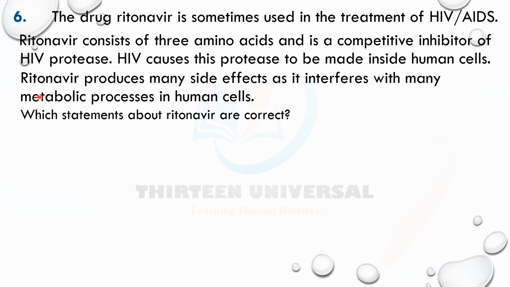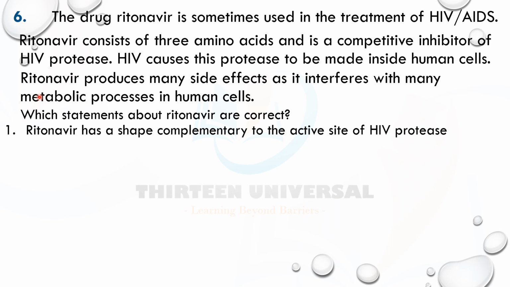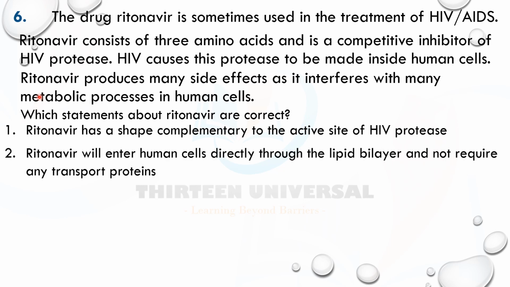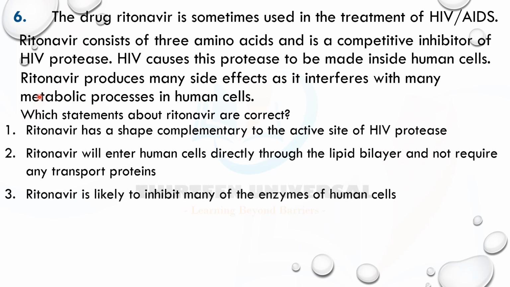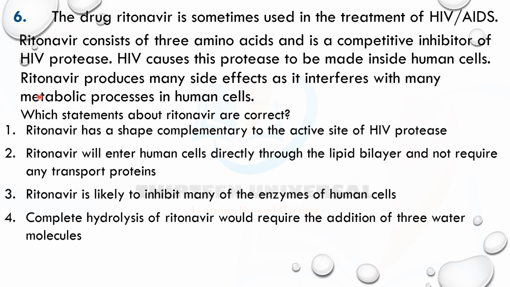Which statements about ritonavir are correct? Ritonavir has a shape complementary to the active site. Ritonavir will enter human cells directly through the lipid bilayer and not require any transport proteins. Is that correct? Ritonavir is likely to inhibit many of the enzymes of human cells. Complete hydrolysis of ritonavir would require the addition of 3 water molecules.